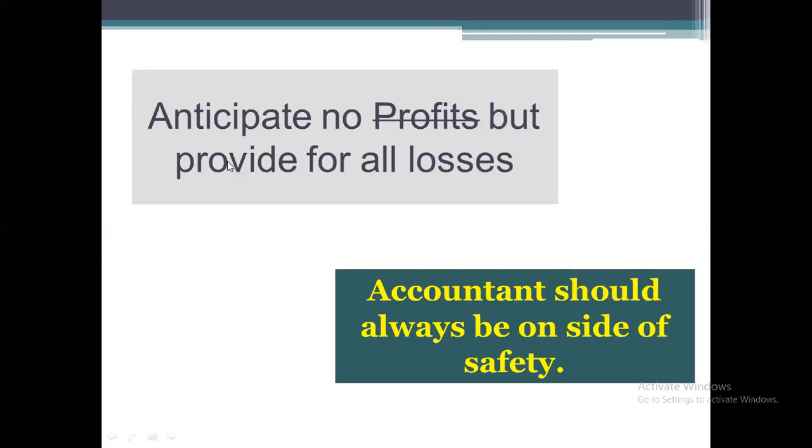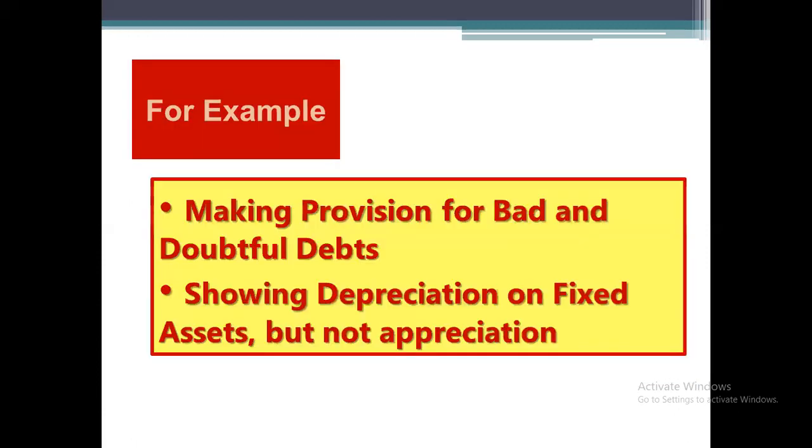When I use the word provide, somebody is writing in the comment section, provision for bad debts. You must have heard about it, right? Provision for bad debts is something you must have seen while doing your accounting in your college days. Whenever you are giving something on credit, you can keep 10% as a provision for bad debts, meaning if some of the parties are not paying on time, or there is a likelihood that they are not coming back to make the payment.